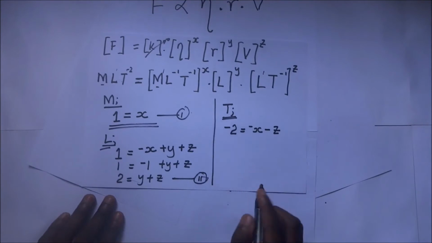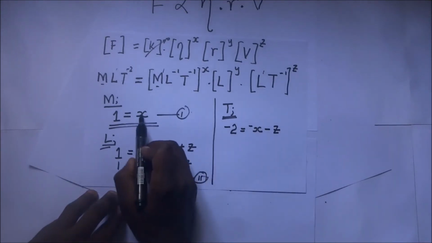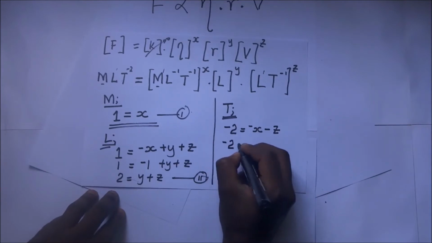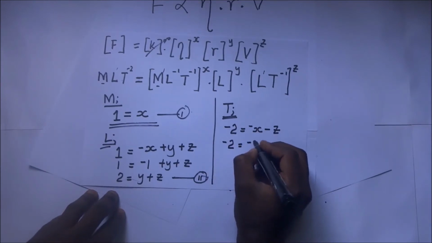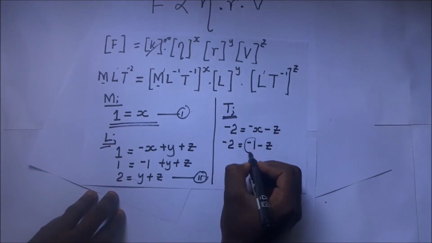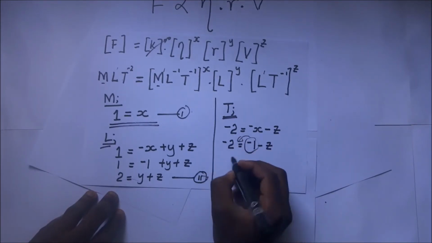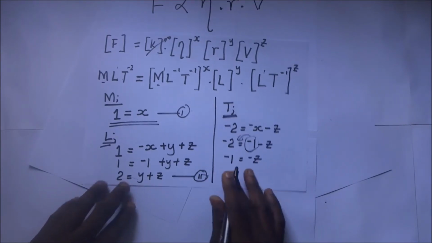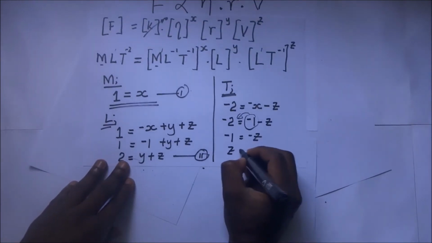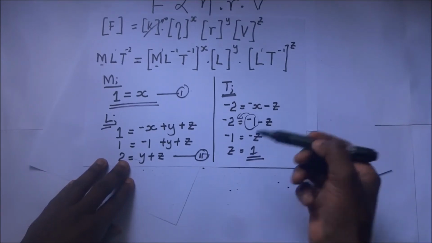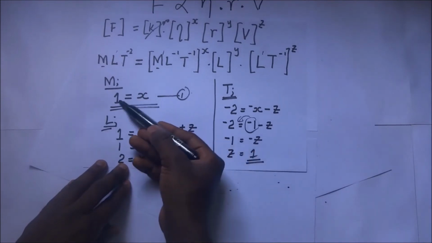In our first expression we have x as 1, so we substitute 1 here and it becomes -2 equals -1 minus z. When this -1 moves across, -2 plus 1 becomes -1, which is equal to -z. It means that our value of z is 1. So from here we have sorted that z is 1, and x is also 1.